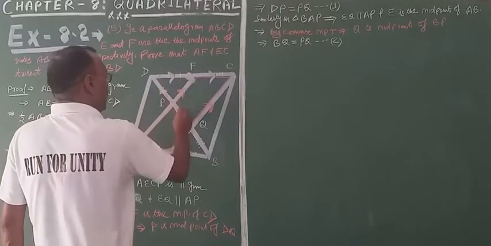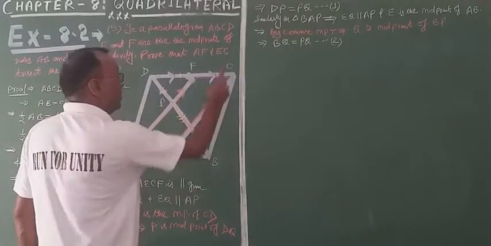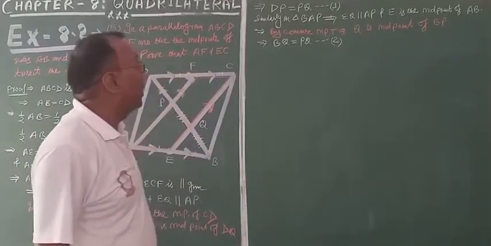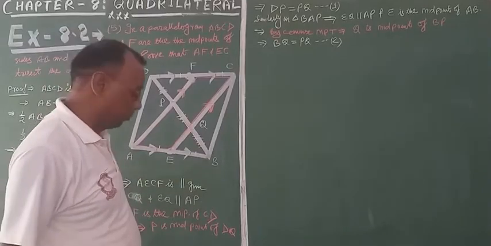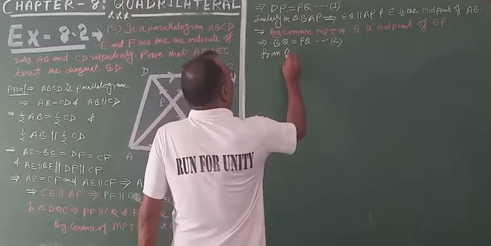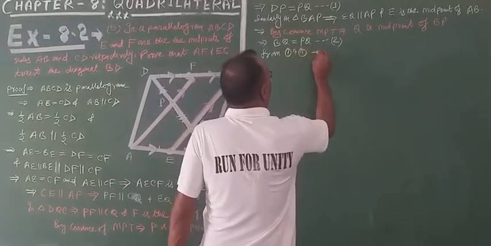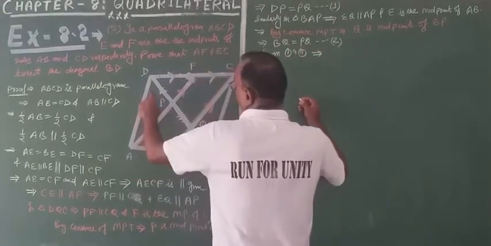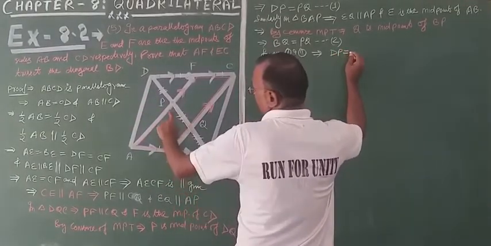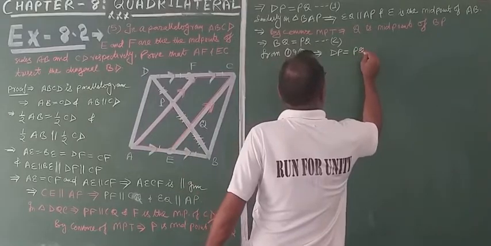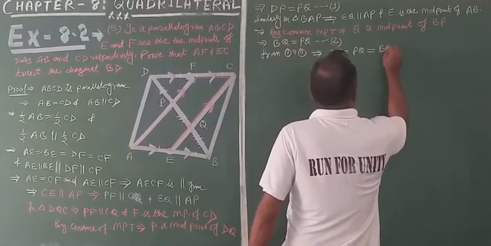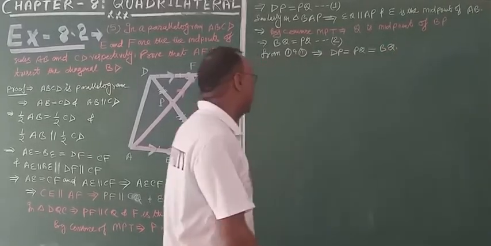This is equal to this and this is equal to this. First equation, DP is equal to PQ, or second equation, BQ is equal to PQ. So from first and second, what is there? DP is equal to PQ is equal to BQ.